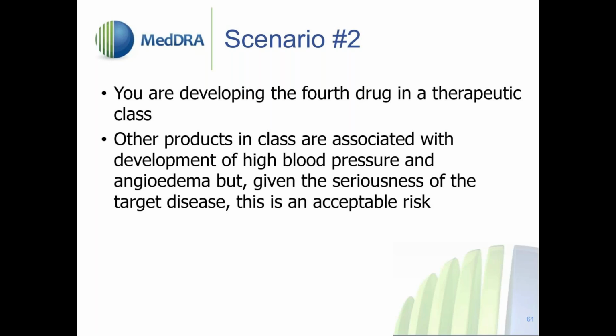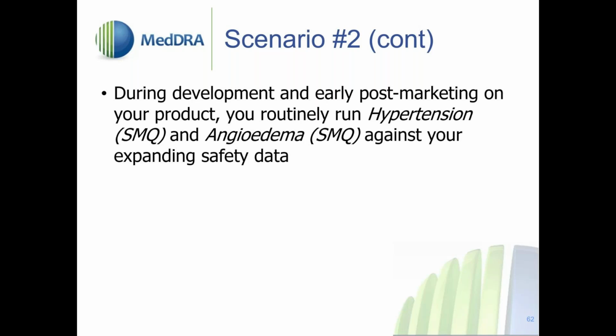And with the seriousness of the target disease, you think that high blood pressure and angioedema are acceptable risks. And you learned about SMQs, so you start running them. You start with the early development and you run them. And you keep running them, even in your early post-marketing data. And you're checking specifically for the SMQ for hypertension and the SMQ for angioedema as more data comes in.